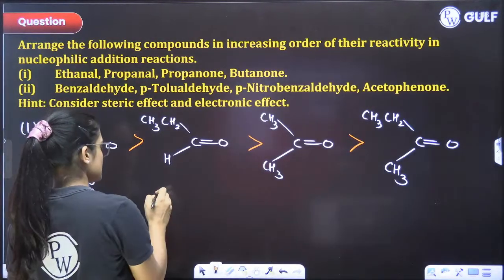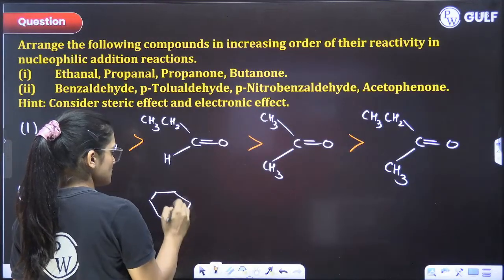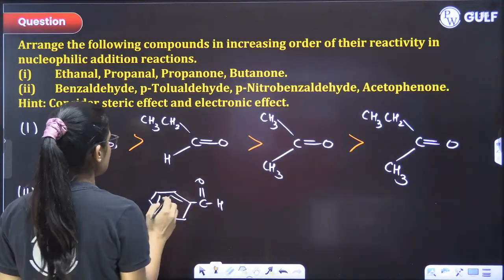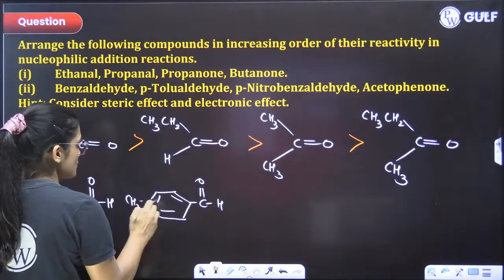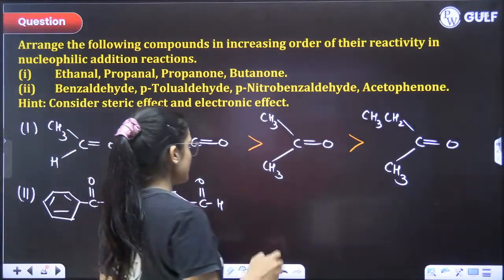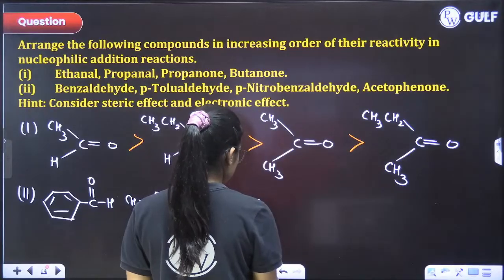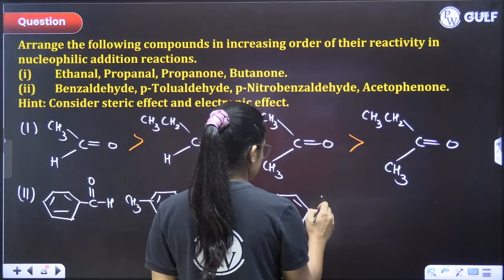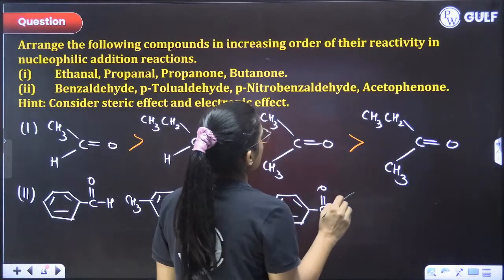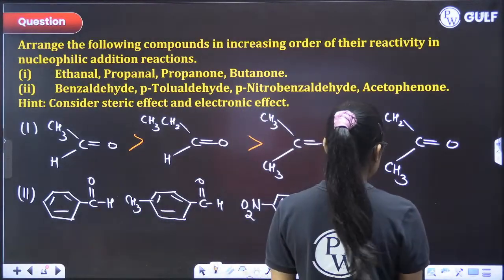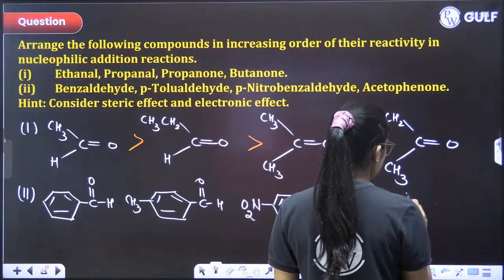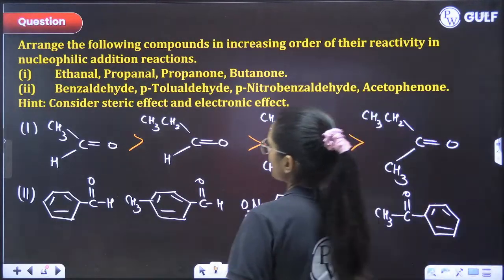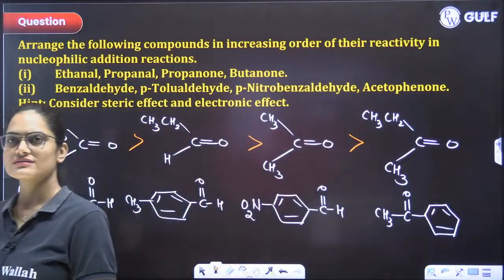Para-tolualdehyde has a CH3 attached at the para position of benzaldehyde. Para-nitrobenzaldehyde has NO2. Then we have acetophenone, which is CH3, C double bond O, C6H5. Most reactive?